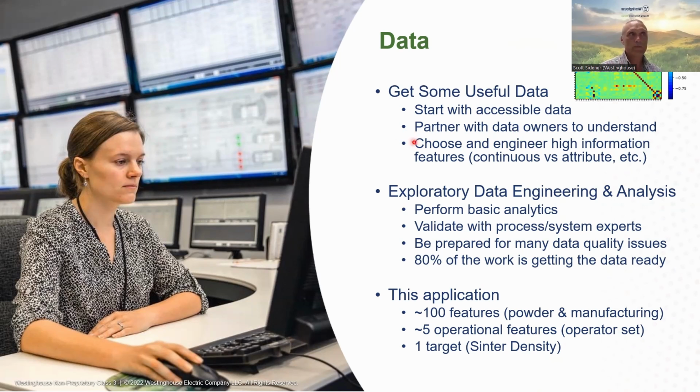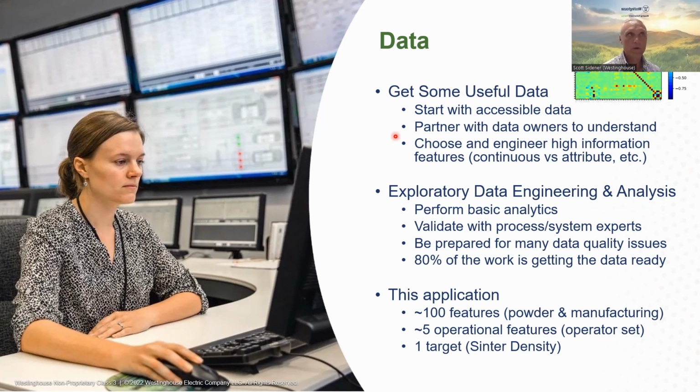Furthermore, you need to make sure that you partner with the data owners to truly understand what that data is. What does it mean? What are the underlying assumptions behind, say, the columns of data that you could get from a spreadsheet, for instance? And from that, you need to consider that you may want to engineer features, choosing features that have higher levels of information in them than others.